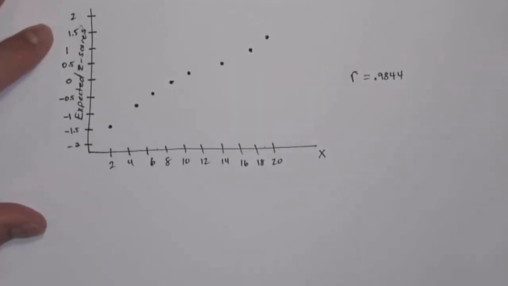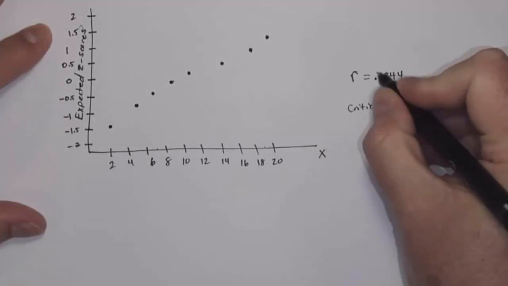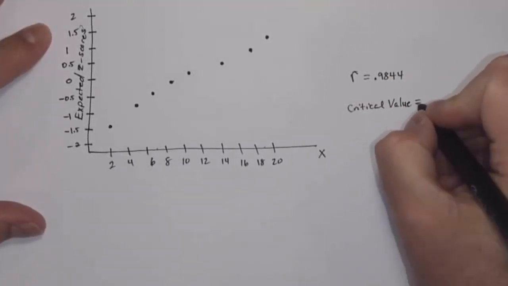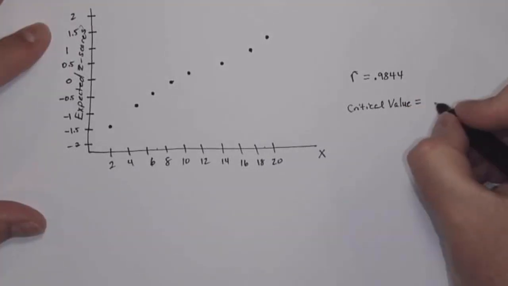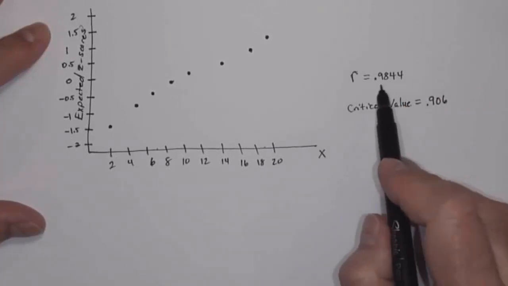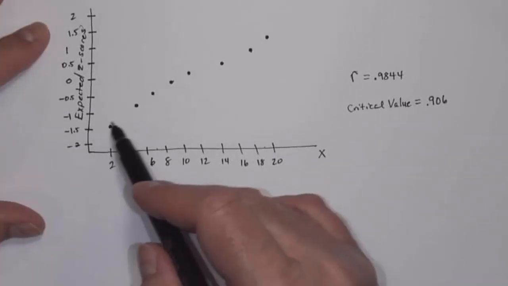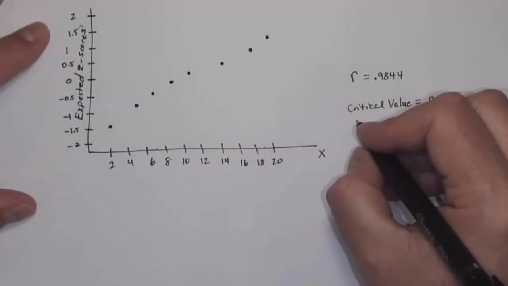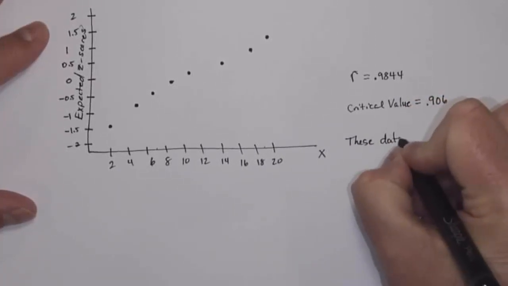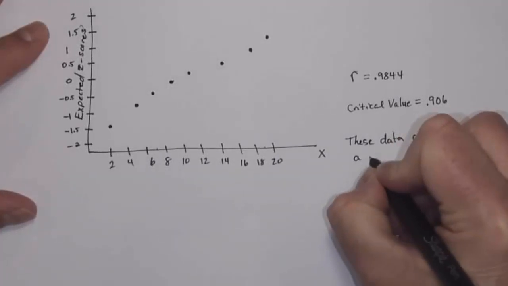Okay? So if I compare our correlation coefficient to the critical value, and again that critical value is 0.906, our correlation coefficient is larger than the critical value, so that indicates we do have a linear relationship, and it indicates that these data come from a normal distribution.